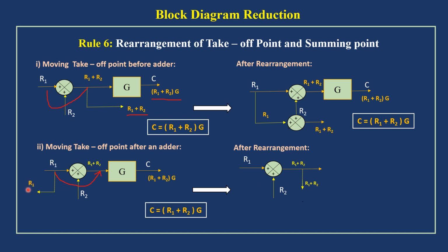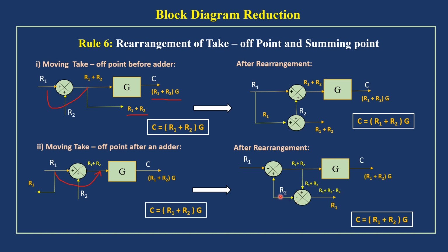What we should get is R1. For that, the R2 signal should be eliminated. For the elimination, for the subtraction also, we can include another summing point, with a positive and negative operator. For the negative operator, R2 is given.